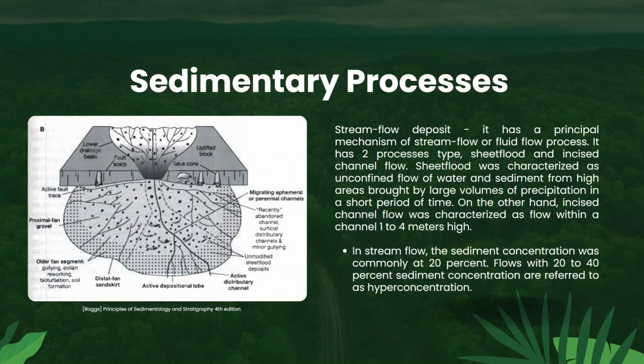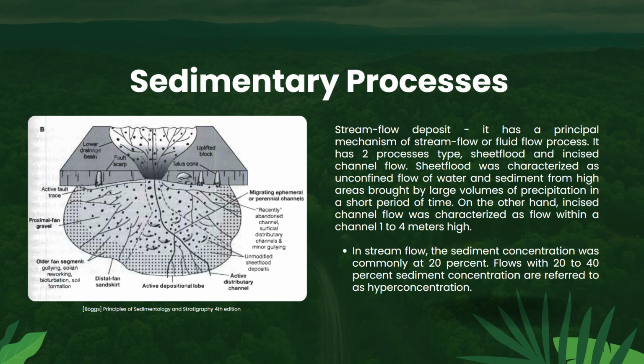The second one is the stream flow dominated fans. These develop from fluid flow mechanisms and include sheet floods and incised channel flows. Sheet floods are unconfined water flow spreading sediments over a broad area, usually following intense, short-duration rainfall.